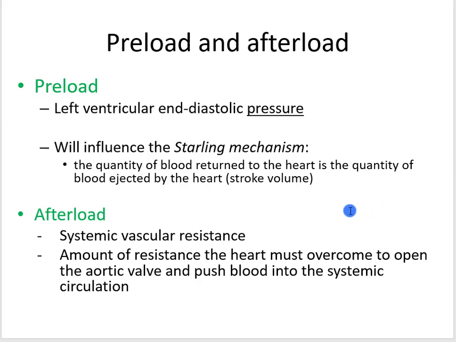Well, the Starling mechanism is this thing we have in our heart where whatever quantity of blood is returned to the heart, whether it's X, X plus 10, or X plus 20 milliliters, that's the quantity that's going to be squirted out. That's going to be the stroke volume. And you'll see this is very useful for us, because otherwise we're in trouble.